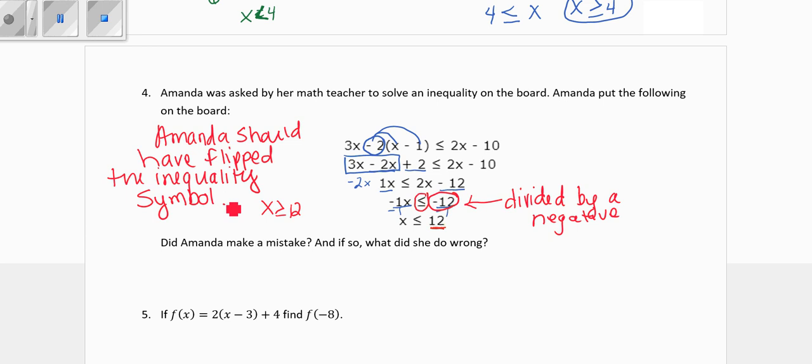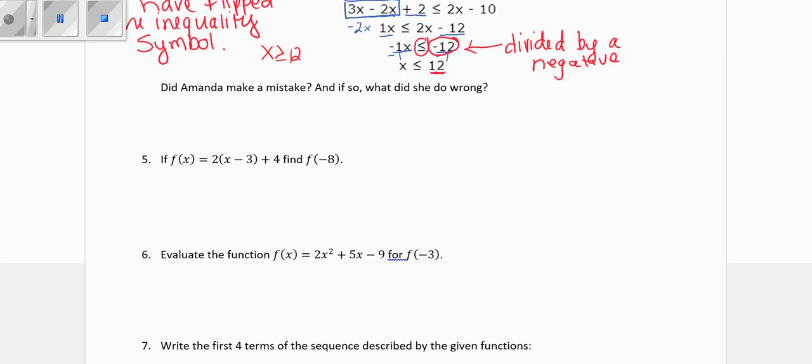Number 5, if f of x equals 2 times x minus 3 plus 4, find f of negative 8. Okay, if I want to find f of negative 8, I want to find y, or what my function equals when my input is negative 8. So I'm literally going to plug in negative 8 into my function to find out what my output will be.